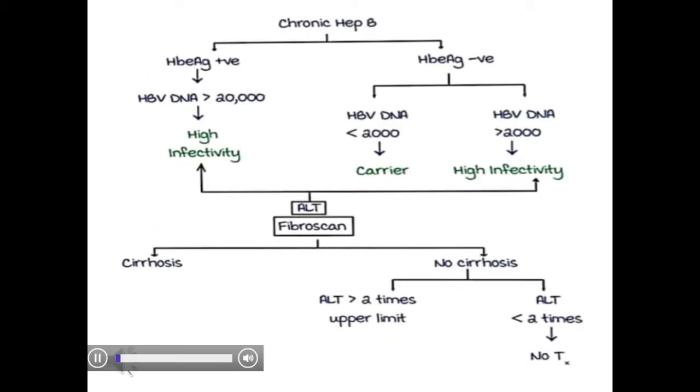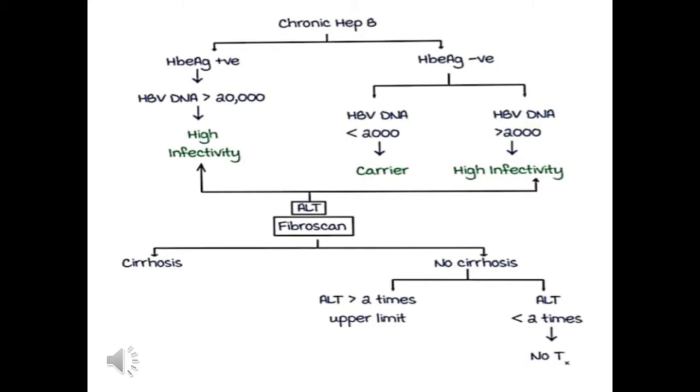Chronic hepatitis B can be diagnosed if HBeAg is positive, HBV DNA is more than 20,000, it's high infectivity. If HBeAg is negative and HBV DNA is less than 2000, it's in carrier state.